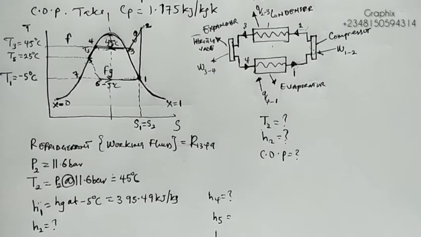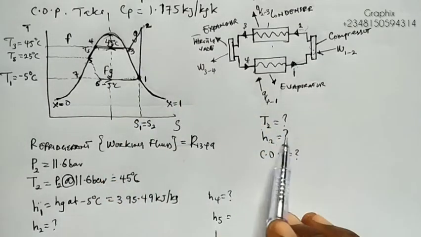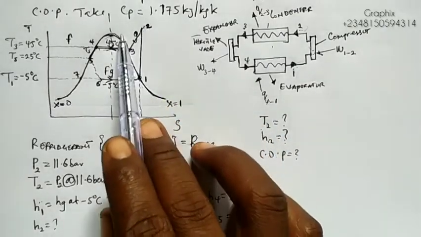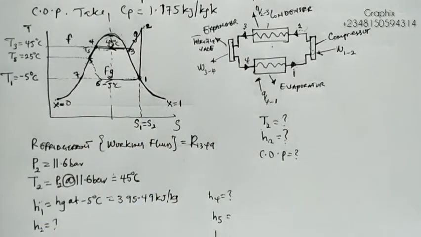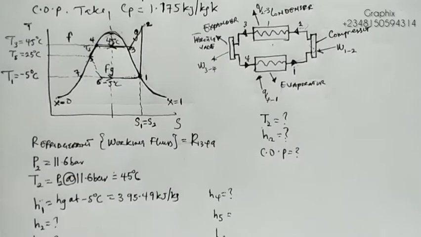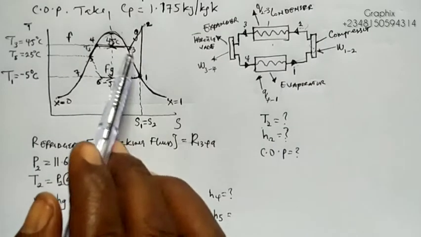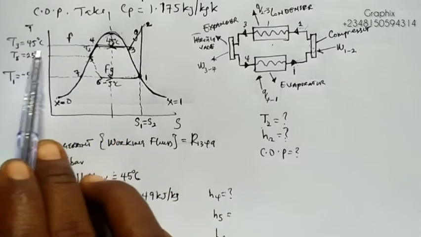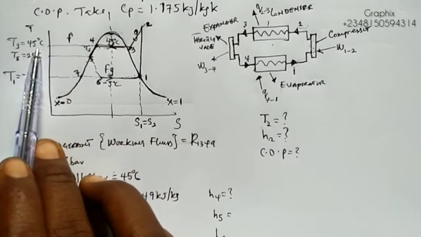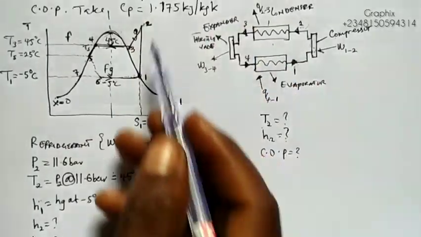Now the next thing we'll look for will be H2. We can't look for H2 here, and apart from that, H2 doesn't fall on this saturated line, so we cannot look for it. So the next point will be H3, right? So H3 is here, at 45 degrees Celsius, and it's at the right hand side in this region.